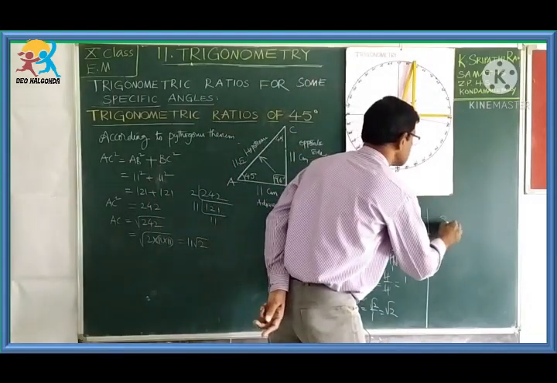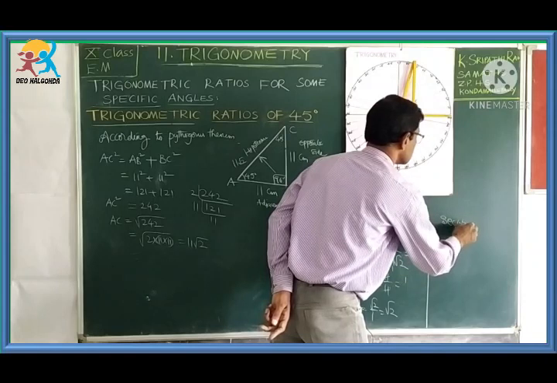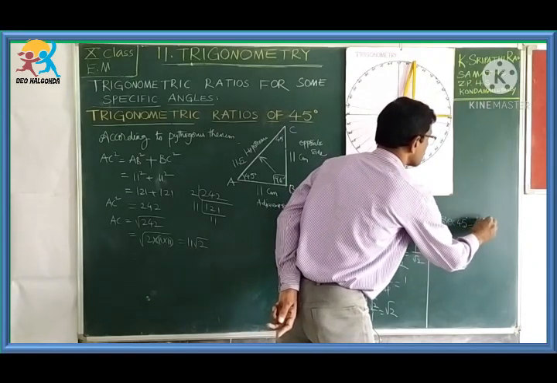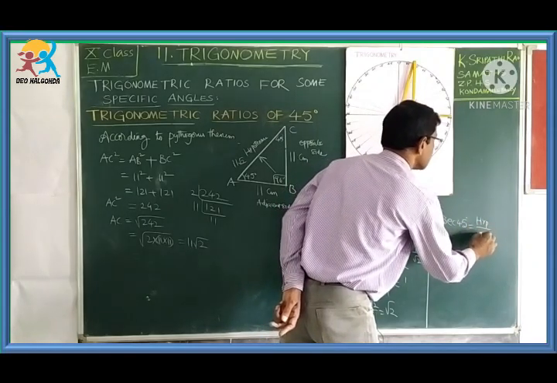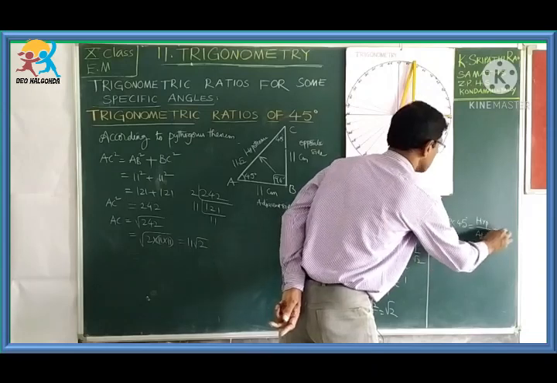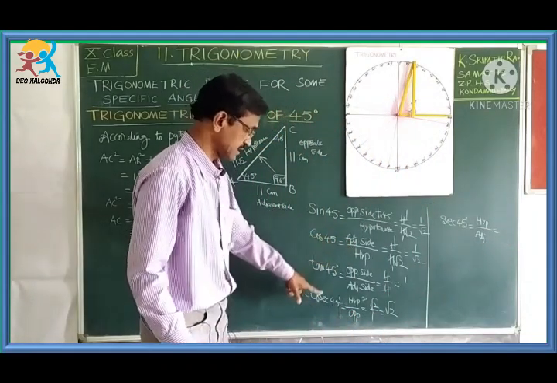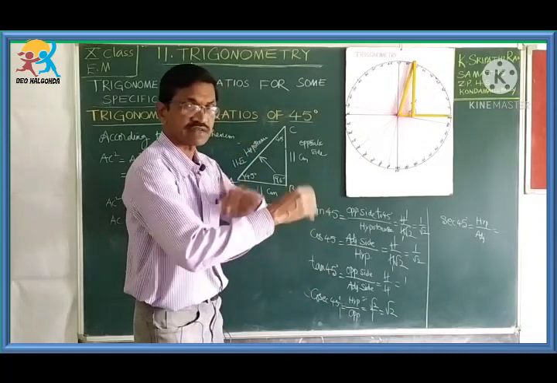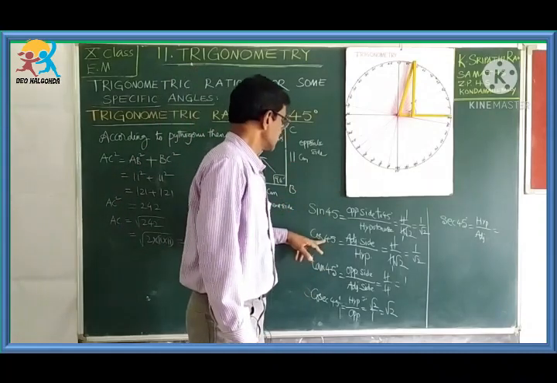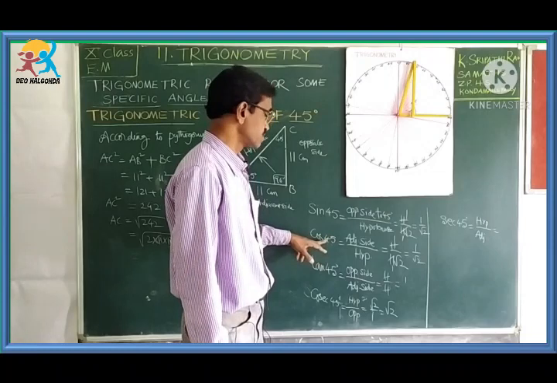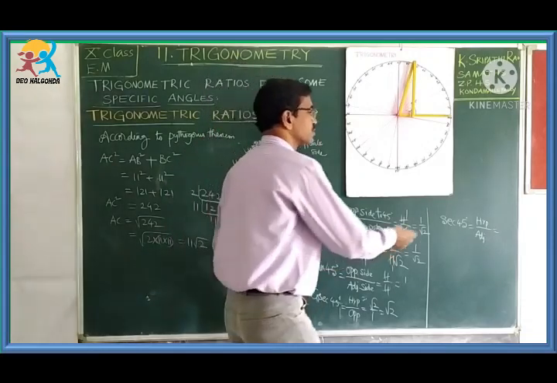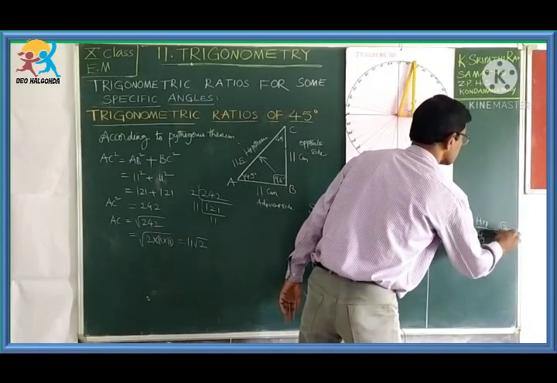Next, similarly sec 45 is equal to hypotenuse by adjacent side, the reciprocal of cos, means reverse, inverse. Reversing cos, we get root 2 by 1, that is equal to root 2.